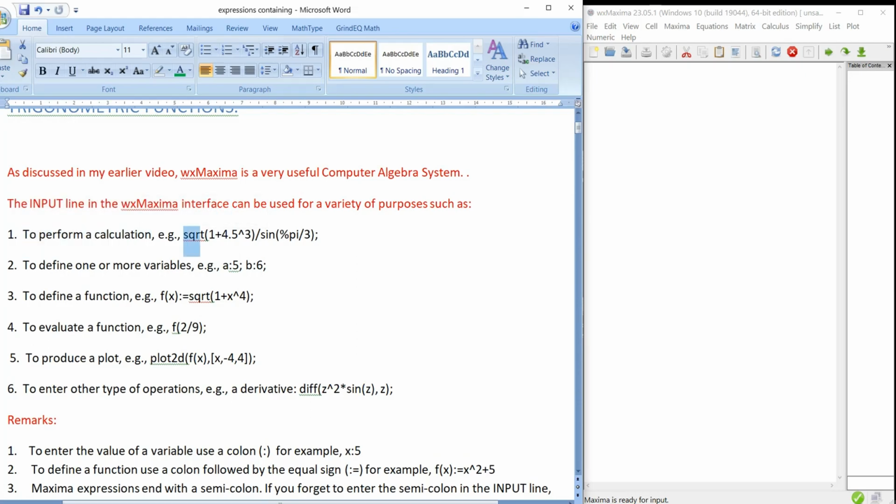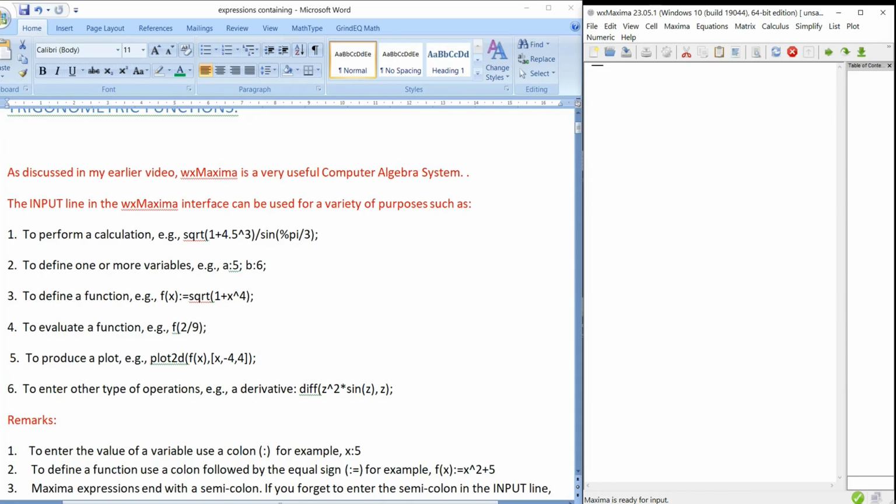To perform calculations, for example, to find a square root, or to find the sum of two numbers, sum of three numbers, difference of two numbers, multiplication of two numbers, etc. To define one or more variables, you know how to define a variable. Whenever we need to define a variable, we write like this: variable name, colon, value of the variable, right? I show you how to write it.